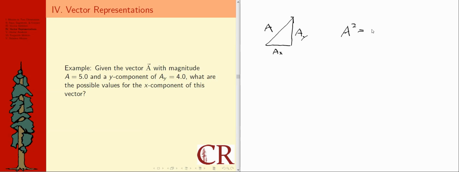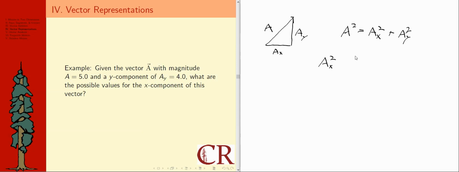So I'm just going to look at the Pythagorean theorem for this triangle and write that as a statement here, which really is one of the formulas on the key concepts page, just squared on both sides. And then based on this, I'm going to try to solve for a sub x.